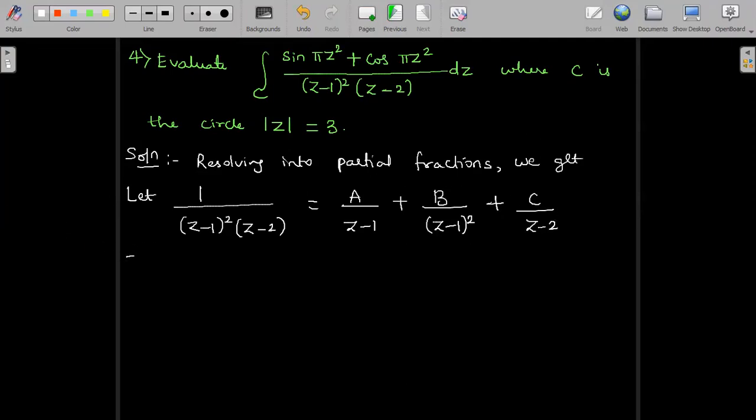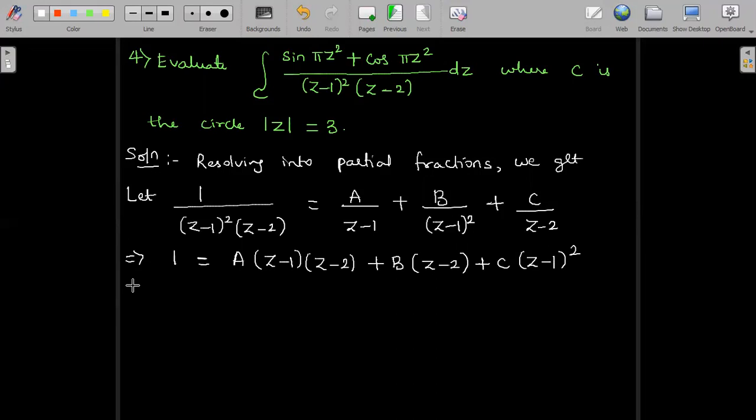So after taking LCM and simplifying, we get 1 is equal to a into z minus 1 into z minus 2 plus b into z minus 2 only plus c into z minus 1 the whole square. Hope all of us are familiar with how to do partial fractions. Okay?